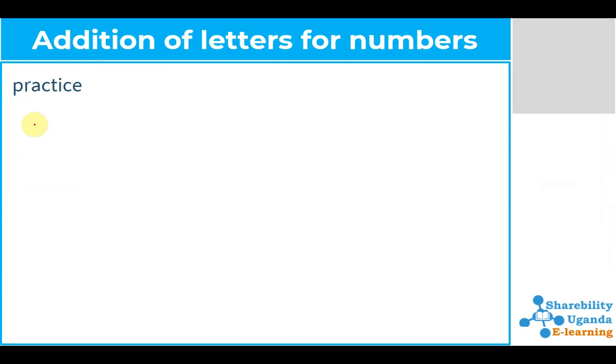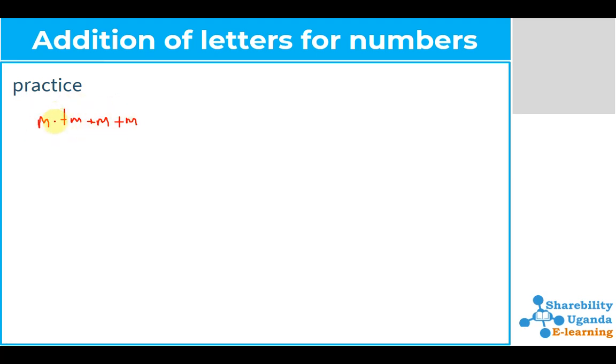We have m plus m, then also m plus m, then also m plus m. Now these are just numbers, and we shall be able to add them and see how we can get the answer.